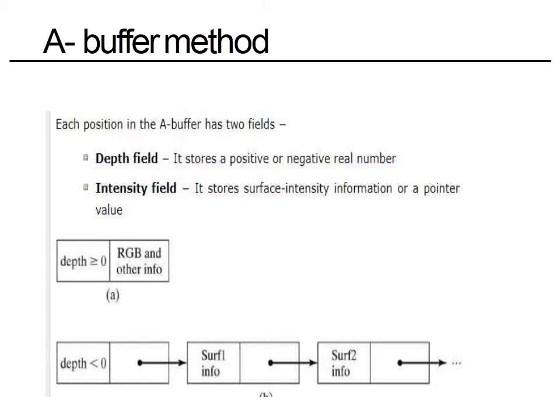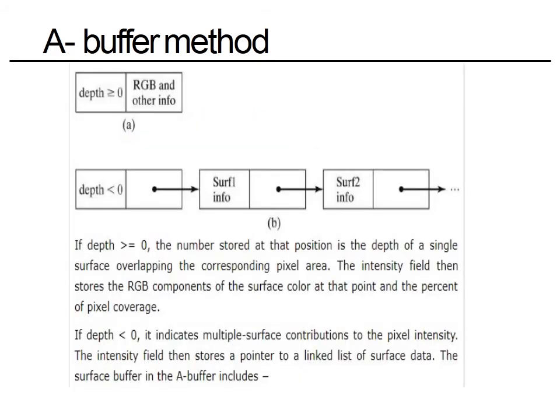If depth is less than 0, it holds surface 1 information, surface 2 information and a link to the other information, then surface 3 information with a link to the other surface. So if depth is greater than or equal to 0, the number stored at that position is the depth of a single surface overlapping the corresponding pixel area.